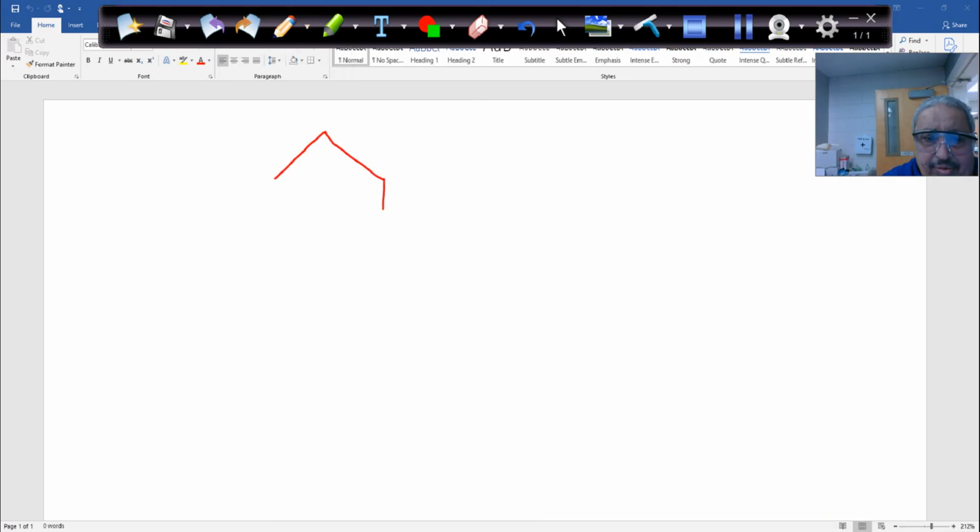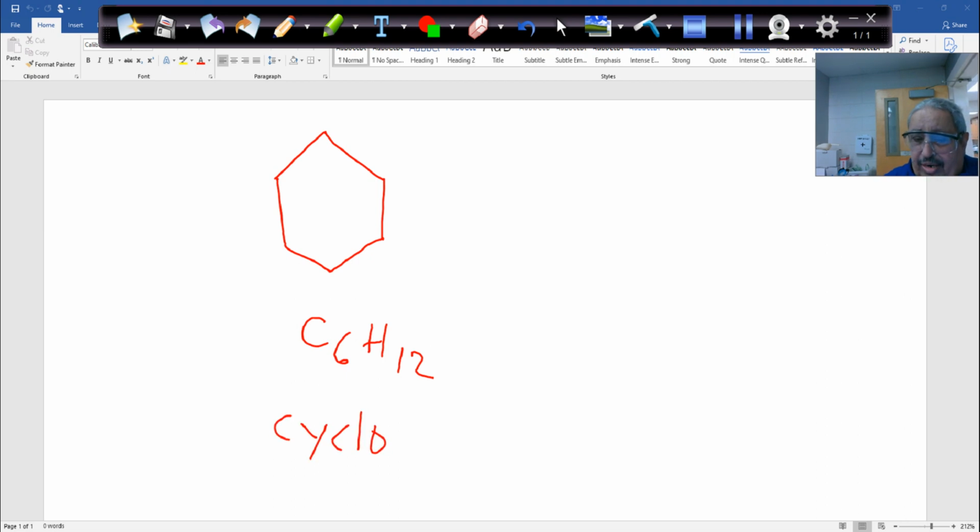This one here, C6H12. This is because it's ring always with cyclo. And how many carbons? 6 carbons, cyclohexane. Okay, guys? That's cyclic alkanes. This is cyclic what? Cyclic alkanes. Okay, guys?